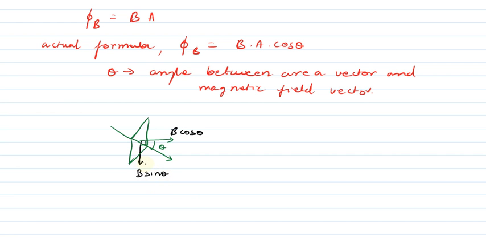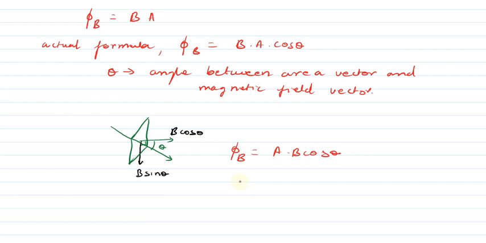As we can see, the B sin theta is not passing through the surface, only the B cos theta is passing through the surface. So the magnetic flux will be B times the area of the surface times cos theta.